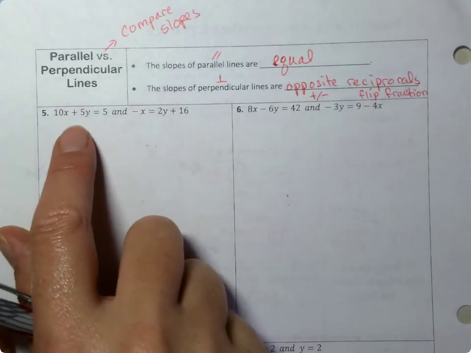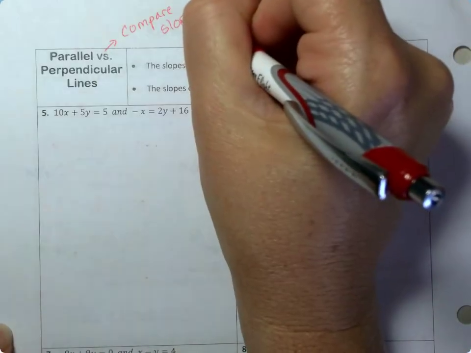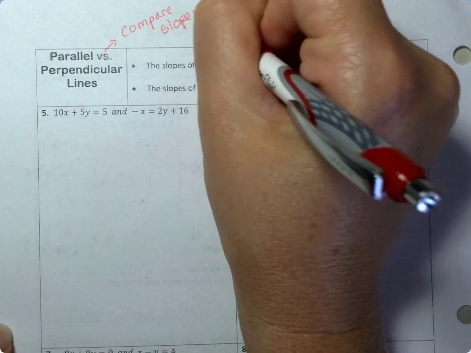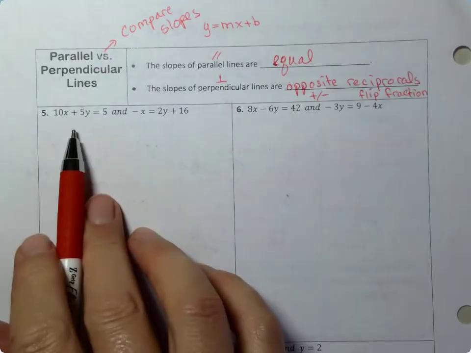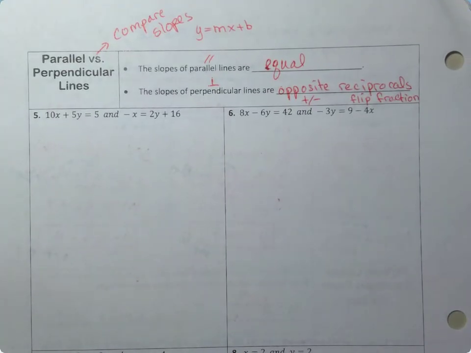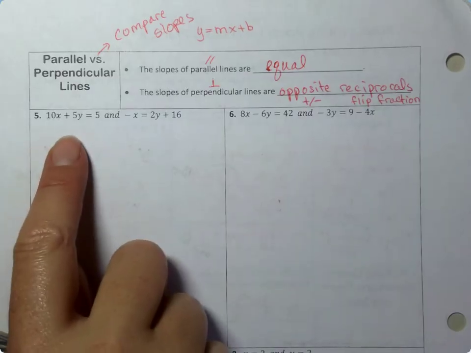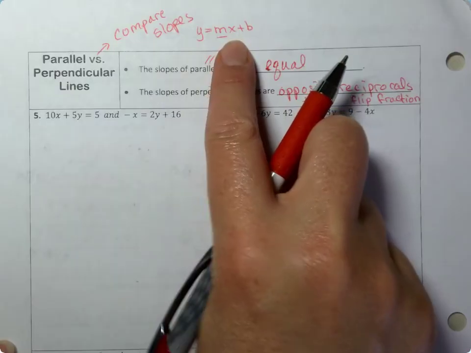Can I find the slope in standard form? No. So I want to compare the slopes by doing y equals mx plus b. So whatever I have, I want to get in the form y equals mx plus b because then I can pull the slope. So I can't just look at this. M is paired with x, but only if it's in slope-intercept form.